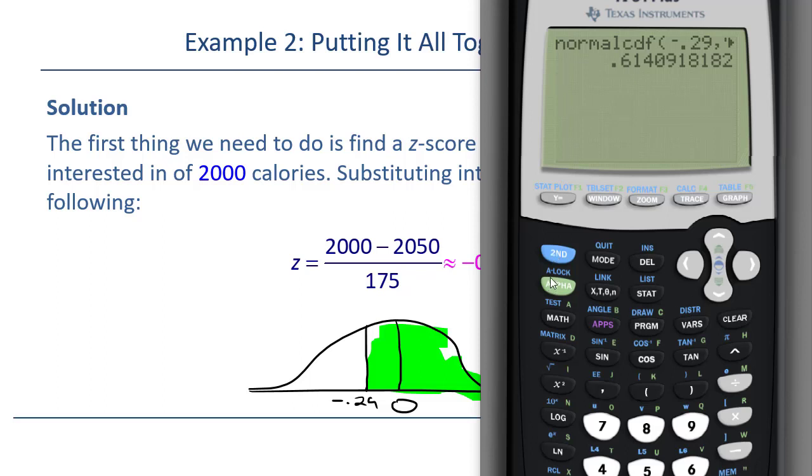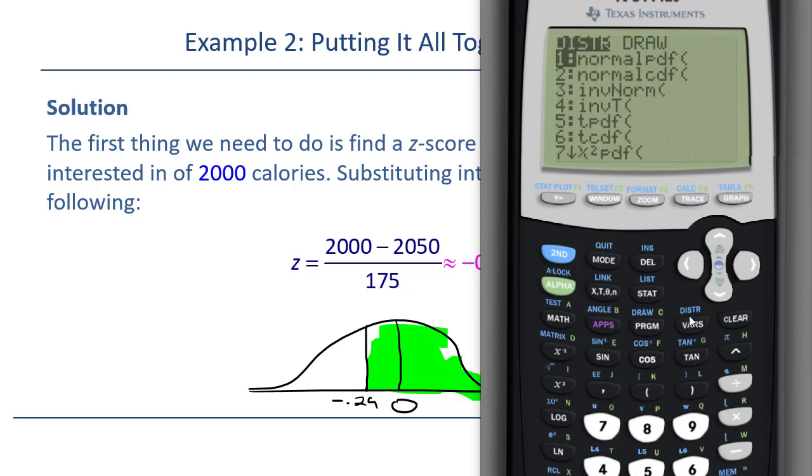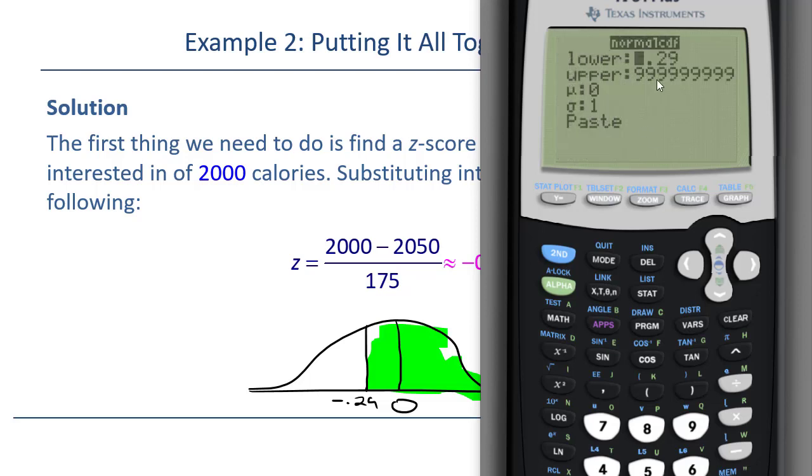So if we go over here to our second vars, which is our distribution menu, and we go down to normal CDF and enter, instead of the lower end being the z-score, we can just let the lower end be the 2000. The upper end is still going to be a bunch of 9s, but now the mean is the mean of our sample, 2050. And the standard deviation is the standard deviation of our sample.